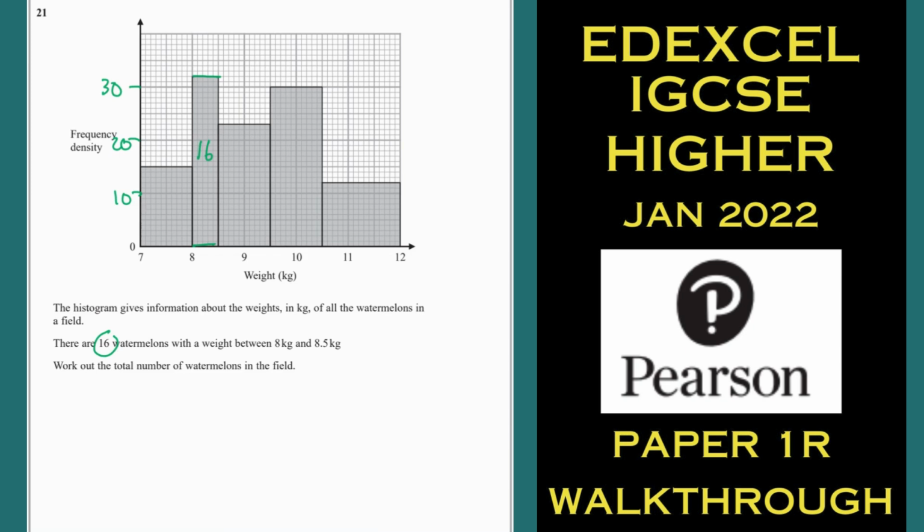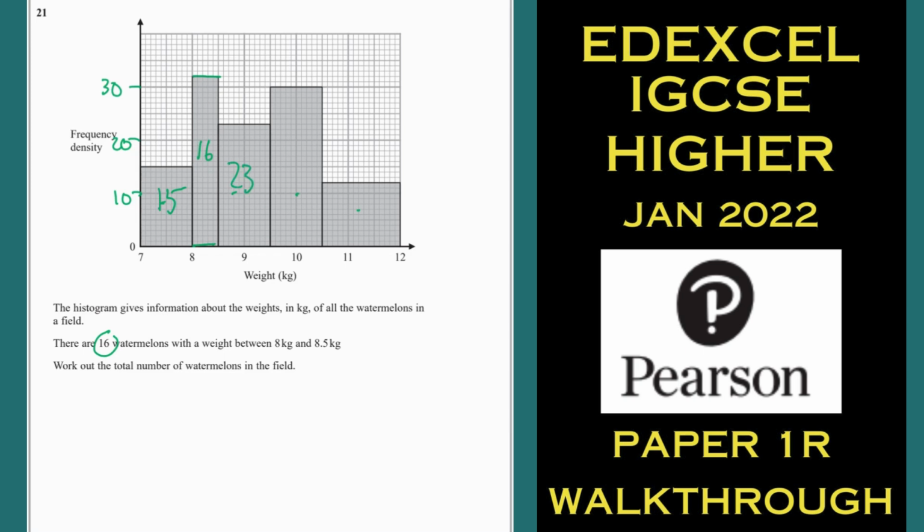And now it's a case of, how do we work out the total? You need the areas of the other 4 bars. I've set it out nicely on my worked answers. Not going to bother here, just going to shout out the numbers. So for the first bar, it's 1 wide, it's 15 high, 1 times 15. Second bar is 1 times 23.